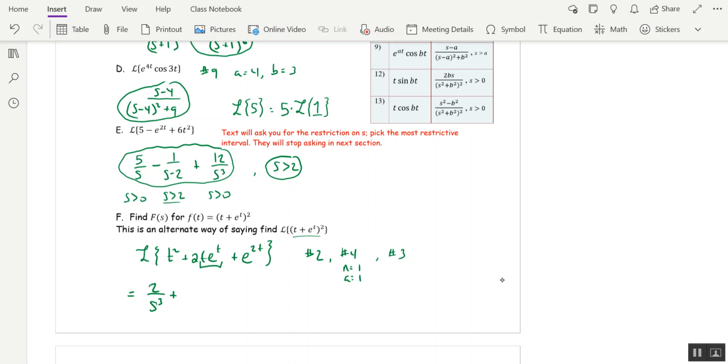So L of t e to the t is 1 over (s minus 1) quantity squared. So I'm going to get 2 over (s minus 1) quantity squared. And then this last piece is 1 over s minus 2. I can do these pretty fast because I've been using the table for a while, but for you, it might take a little bit longer at first till you get used to using the table.